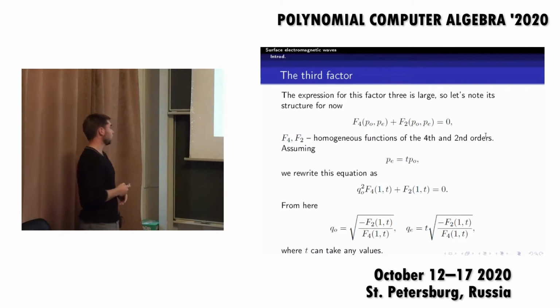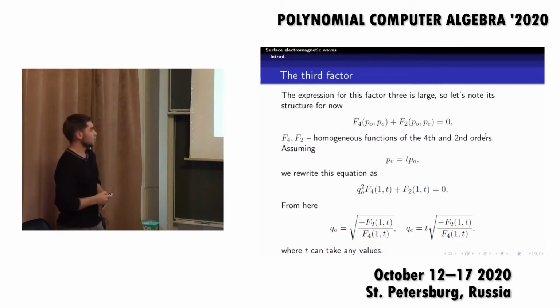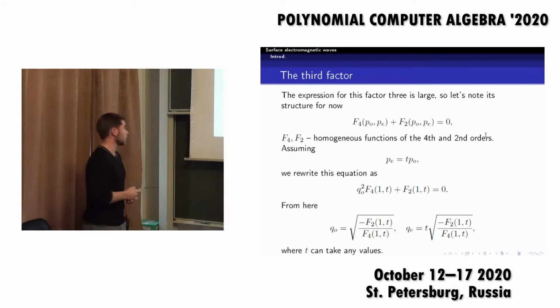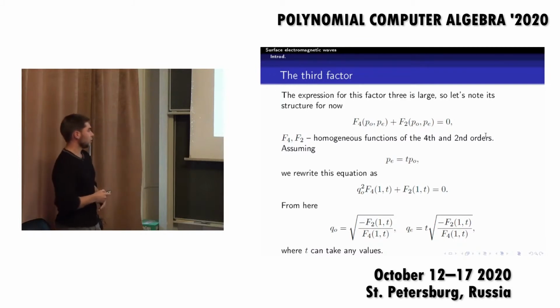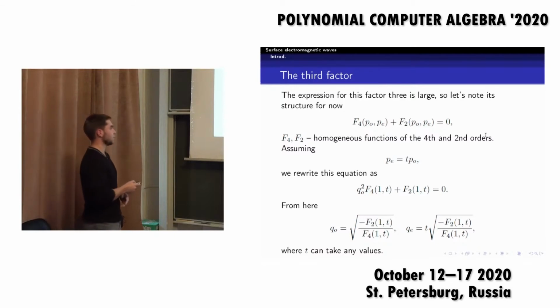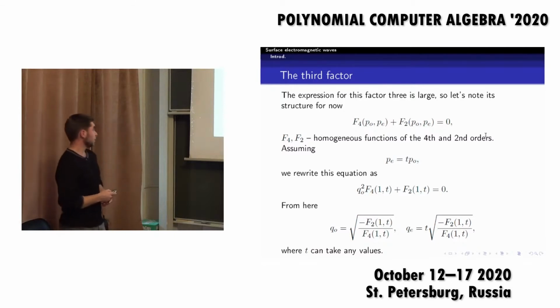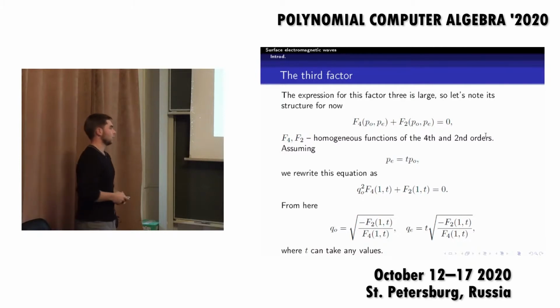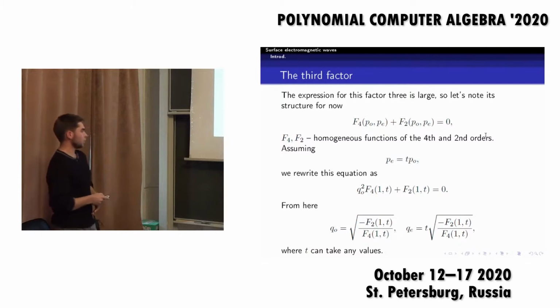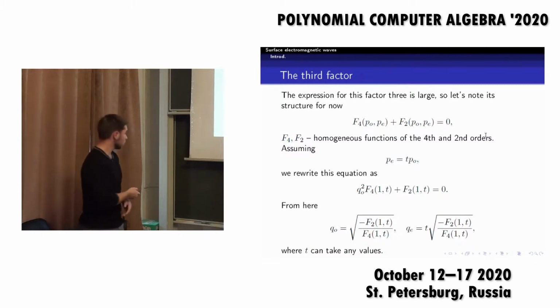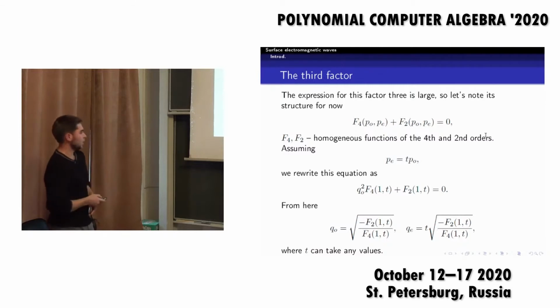We go to homogeneous functions of first and second orders. When we make this replacement, we write the equation like this. From these equations, we can get QO and QE, which depend on T and can take n values.